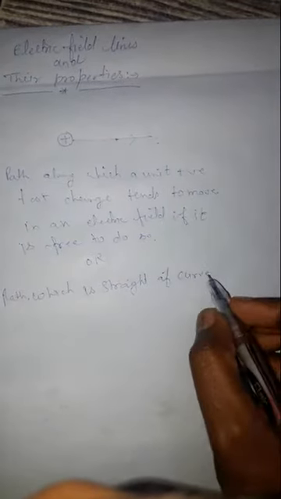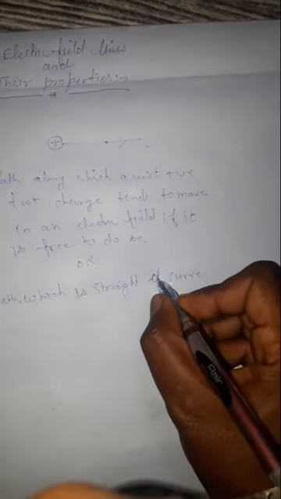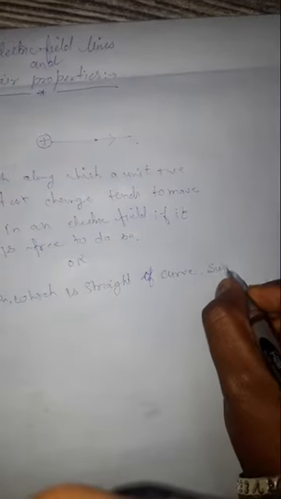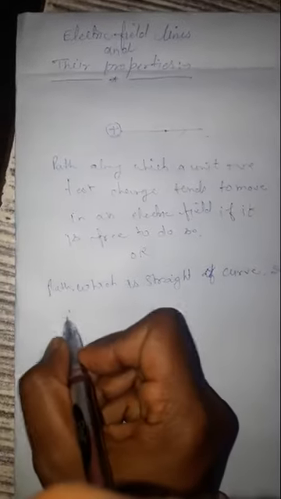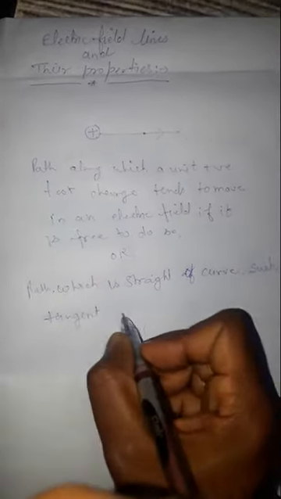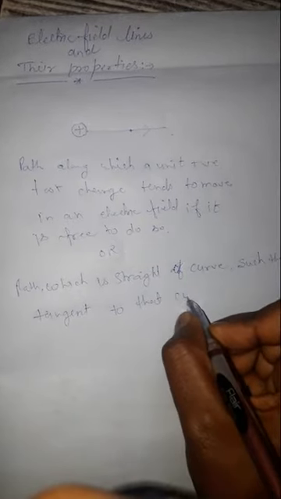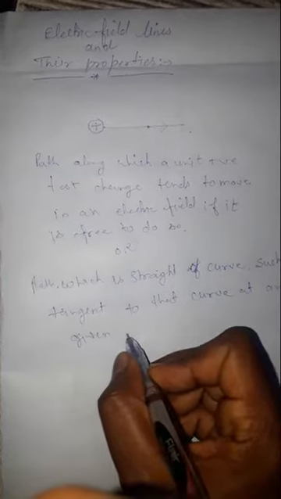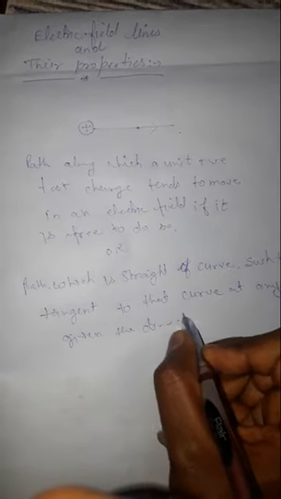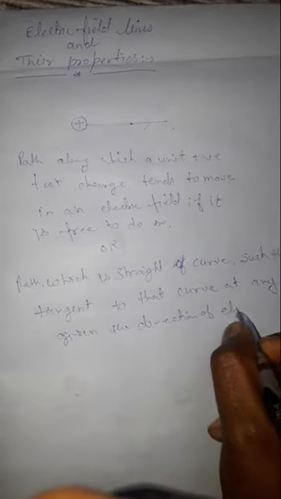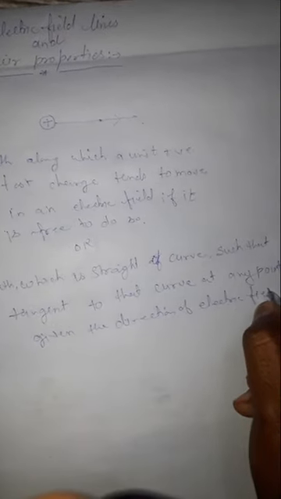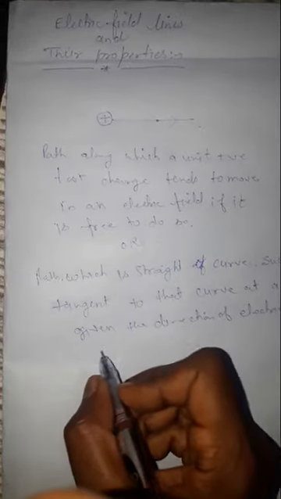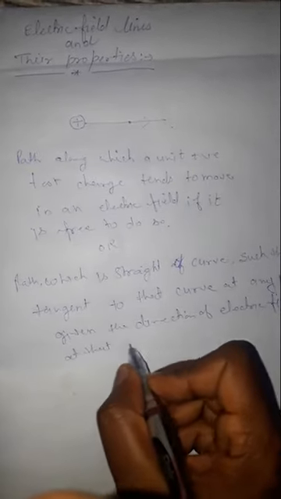Here the electric field line is a straight line, but it may be curved, such that the tangent to that curve at any point gives the direction of the electric field, or we can say the electric field intensity at that point.